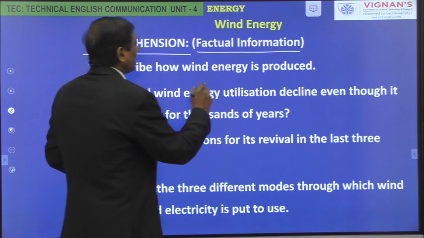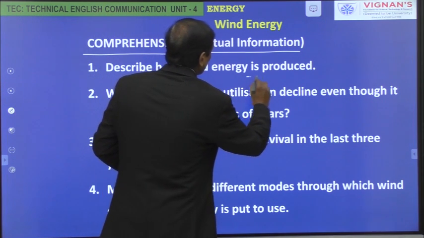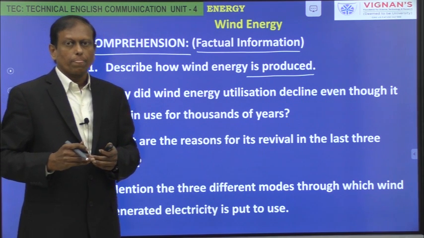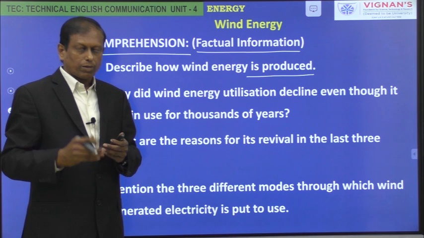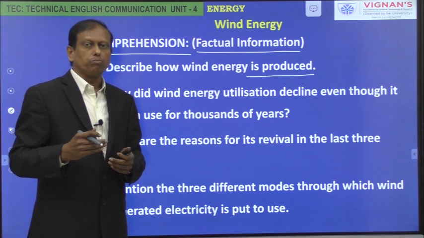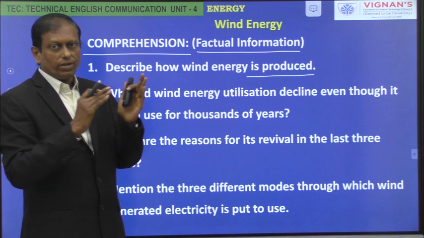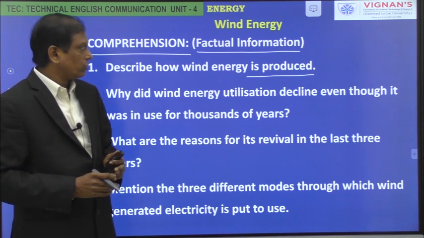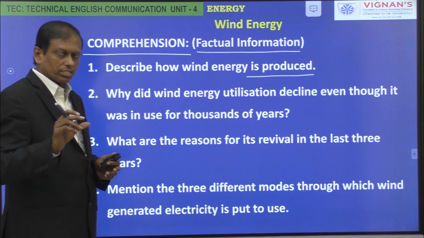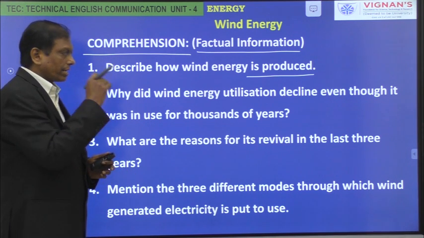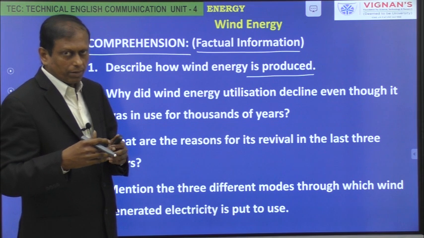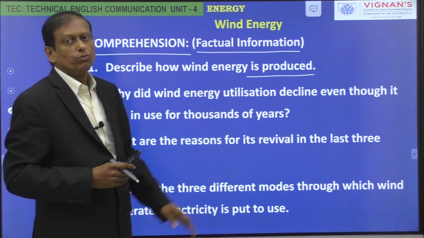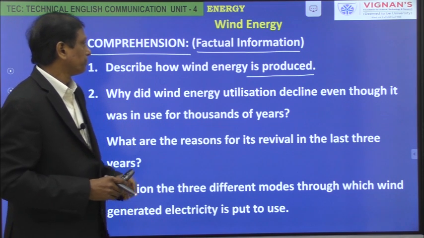Describing how wind energy is produced. In this technical passage, the authors have explained the process of turning wind energy into electrical energy, and that process you read and try to explain or demonstrate and write in your own words for this question.